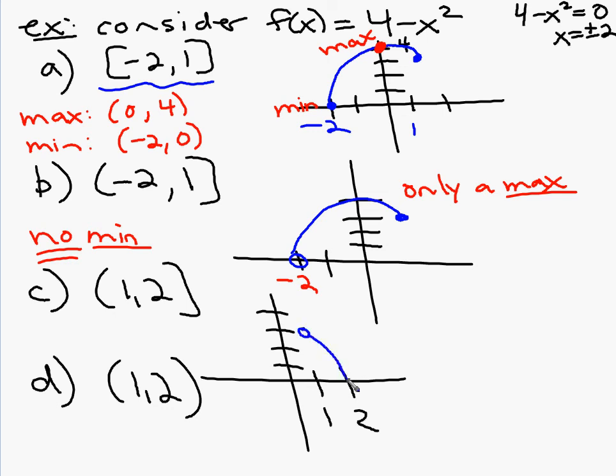And then at 2, it's a closed circle. So that's what I have on situation C. So on this one, there is only a minimum. There is no maximum. Only a min, no max.